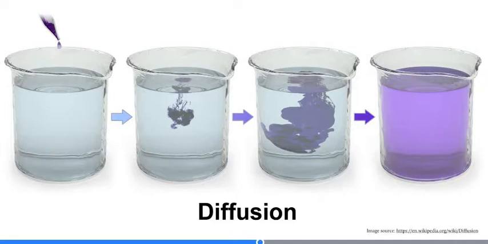Now, here are 4 snapshots of a dye being added to a water solution in a beaker. At the beginning, you see that the dye is rather concentrated right where it's dropped in. As the dye particles run into and interact and move around within the water solution, they'll spread out, and they'll keep doing that until they spread out throughout the entire solution to equilibrium.